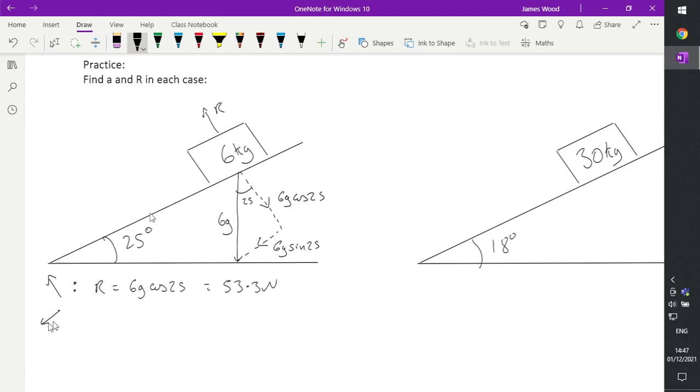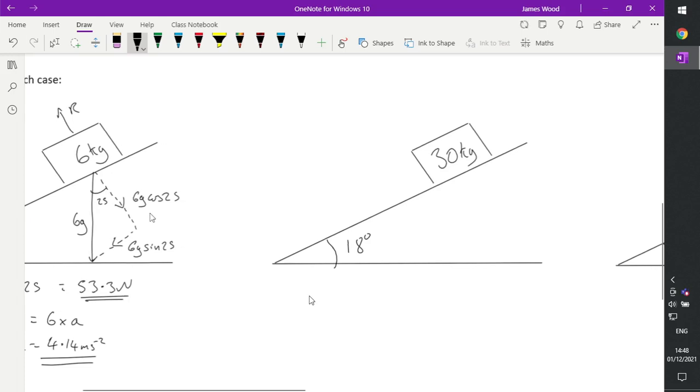And then resolving down the slope, I've got 6g sine 25, and that equals ma, so that's just going to be 6 times a. So 6 times 9.8 times sine 25 divided by 6 is 4.14 meters per second squared. Okay.